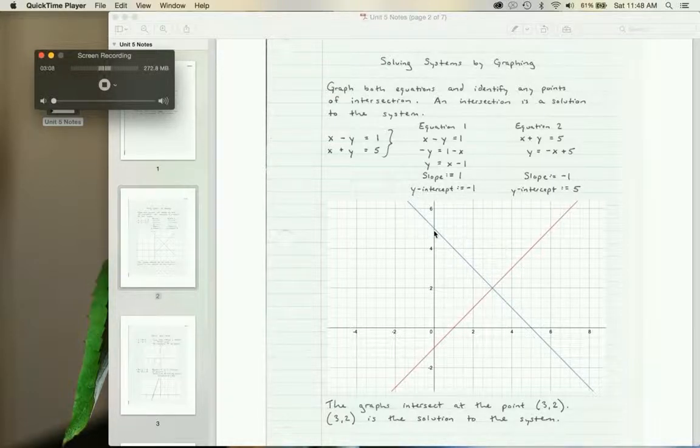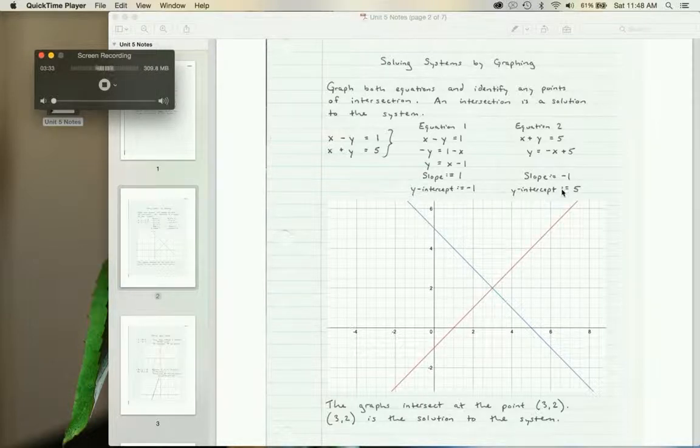And I know my slope is -1, so I'm going to go down 1 unit and over 1 unit. Down for the negative and then over. So -1 over 1 means the rise is negative, we're going down, and the run is positive, meaning we will go to the right. You could also think of this as a positive rise and a negative run.